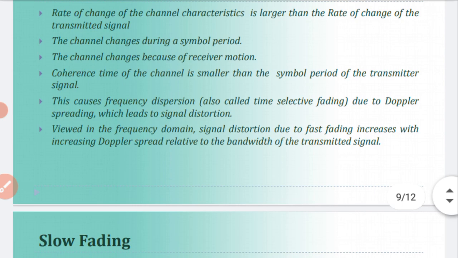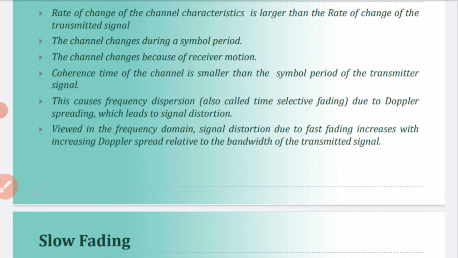In this fading, the rate of change of channel characteristics is larger than the rate of change of the transmitted signal. The channel changes within the symbol period, also because of receiver motion.